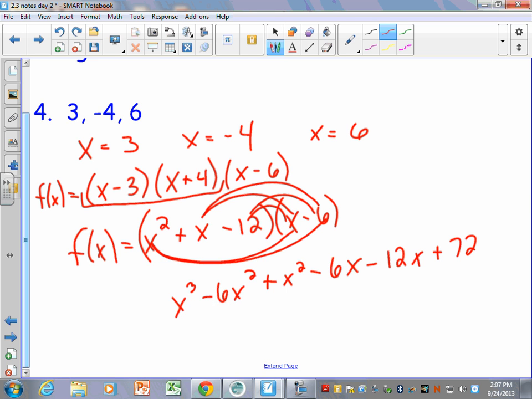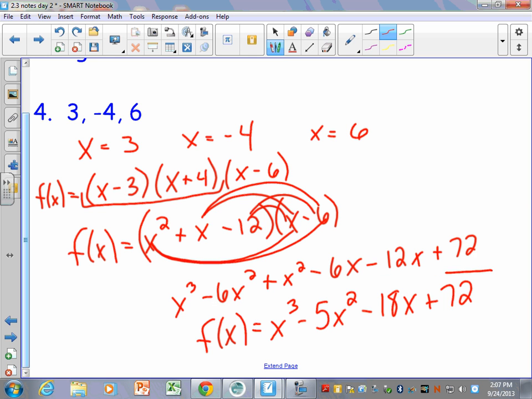And just put like terms together. Negative 6x squared plus 1x squared would be minus 5x squared. Negative 6x minus 12x is minus 18x plus 72. That would be the cubic function with those zeros.